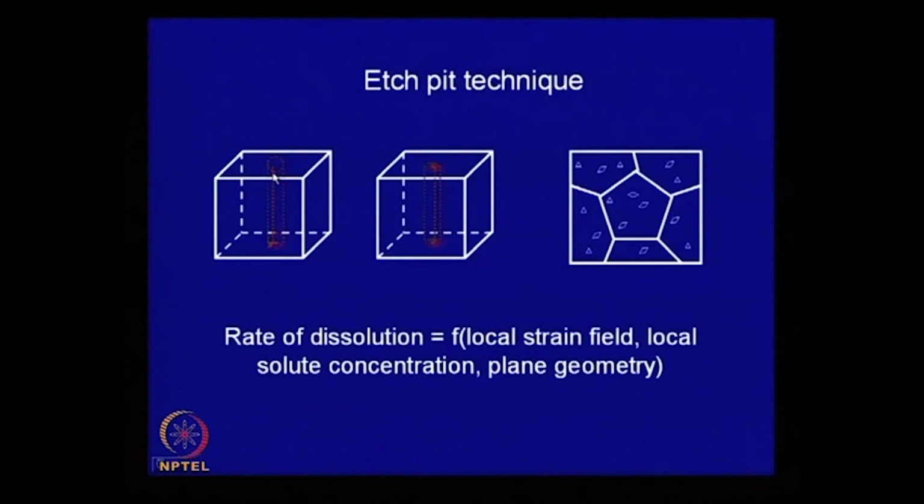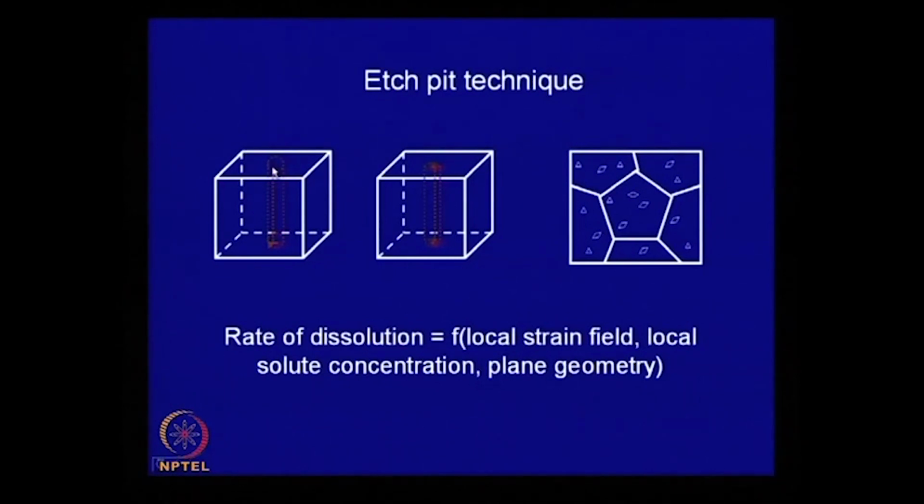Depending on its nature, there will be lattice disturbance here, one kind in the case of an edge dislocation and another in the case of a screw dislocation. When a polished surface is chemically etched, this is where the atoms are in an excited, higher energy state, so the dissolution rate will be more.